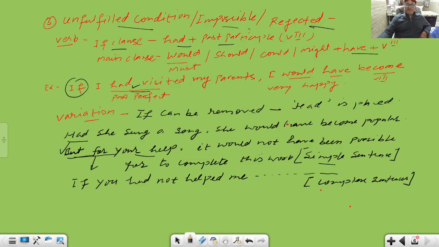Why simple? Because there is only one finite word. That's why it is simple. But here we have two finite words. One is had here, and second is would not have, and that's why it is a complex sentence. So these are slight variations. By using them, we can make the sentence more expressive and effective and impressive.